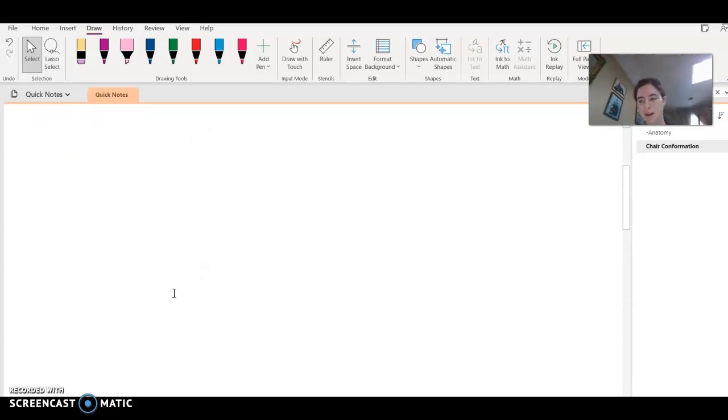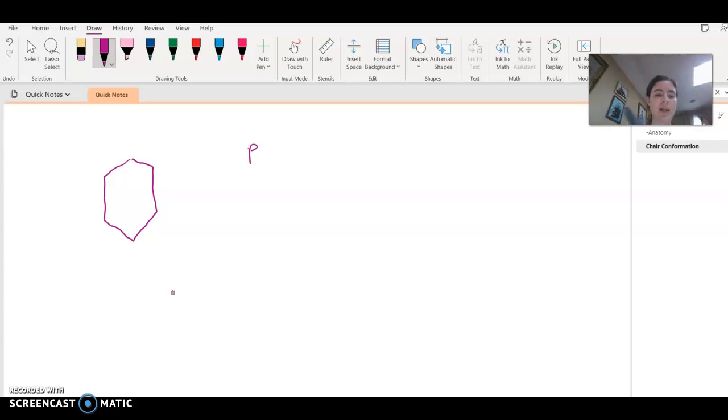So what is a chair conformation? Well, it's called a chair conformation because it looks like a chair, and it is basically a cyclohexane. So you can take a look. This is how we're used to drawing it, and you're going to turn it sideways because a cyclohexane is actually not planar, and planar means flat.